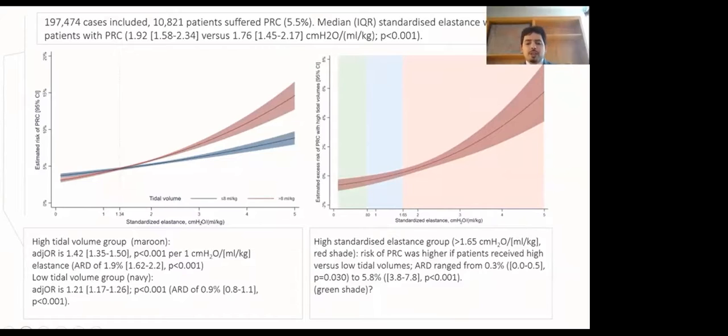Interestingly, we found an area where a lower risk of postoperative respiratory complications by using higher tidal volumes compared to low tidal volumes was observed in patients where the standardized elastance is lower than 0.8, which depicts a very high compliance. This, however, only affected very few of our patients.